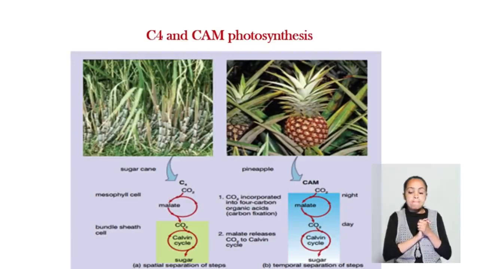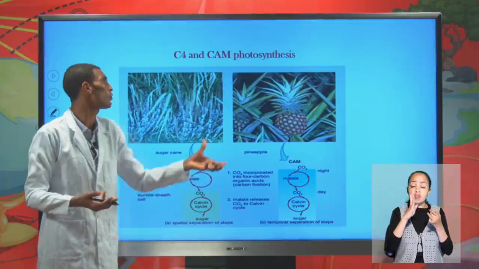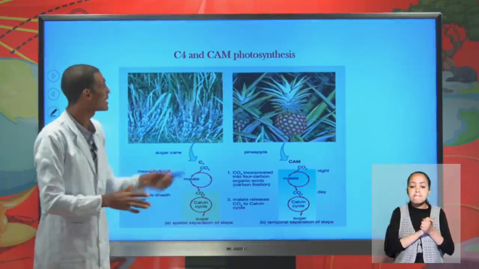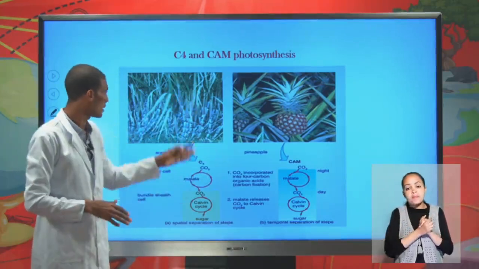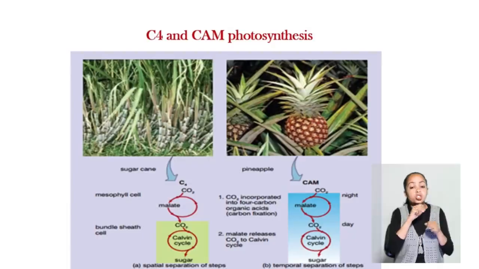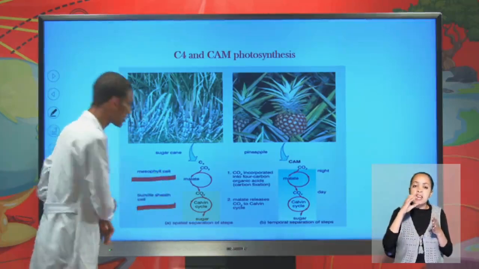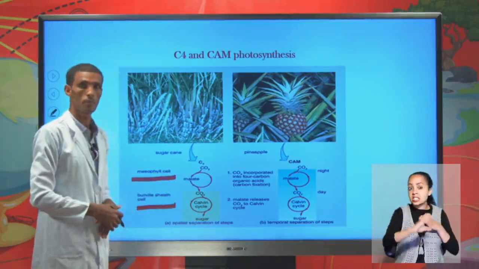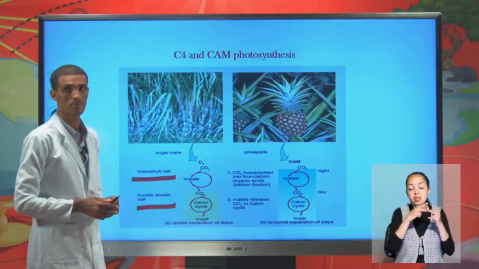Briefly, when we see the evolutionary adaptation of C4 and CAM photosynthesis, it can be observed in this manner. For example, sugarcane carries out carbon fixation in the mesophyll cell and the Calvin cycle in the bundle sheath cell, and this reaction takes place during the daytime.